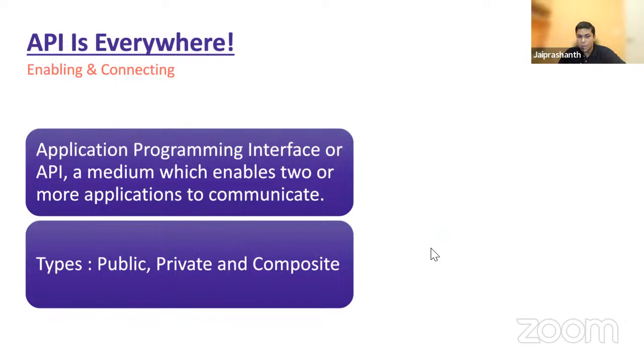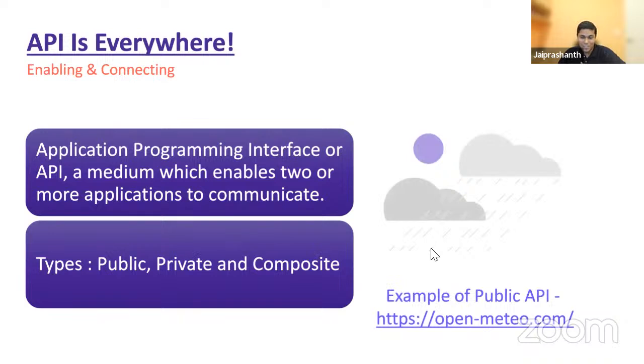Then we also have public APIs, which are more common among organizations, for example the government. And quite a popular one would be the weather API.